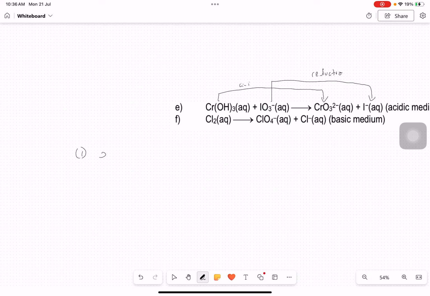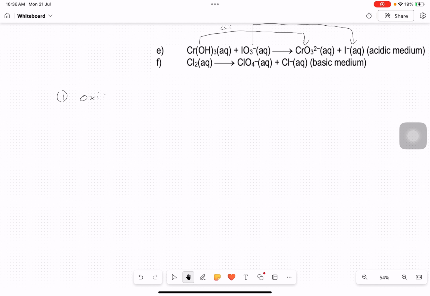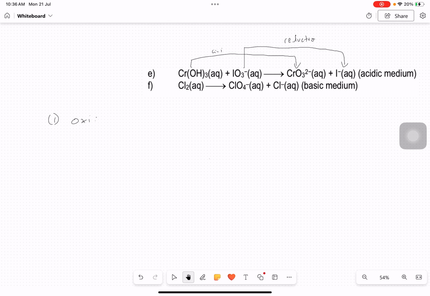So first, oxidation is CrOH3 to CrO3 2 minus.